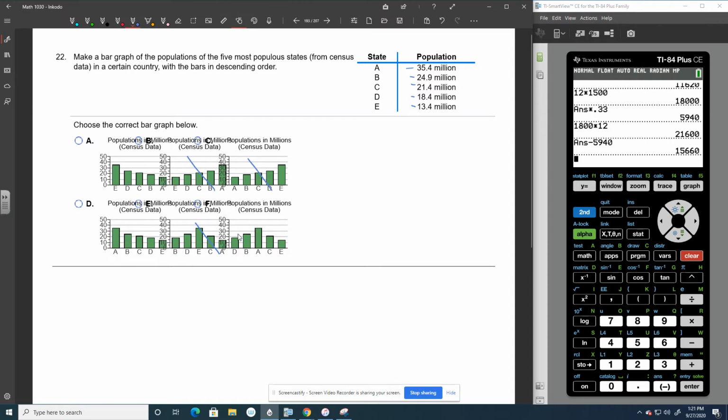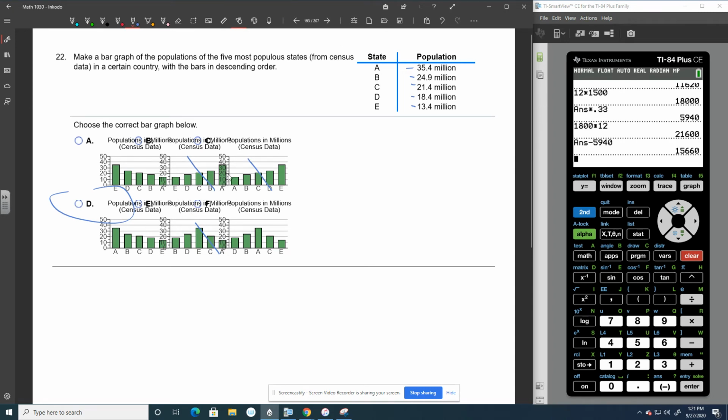These are both options, but you're looking for the one that is correct. So I would choose this option, state A, B, C, D, and E, because our values are going to match up a little bit better, and they're putting them in order. So that looks like a better option to me. I'm sorry, they're kind of all on top of each other.